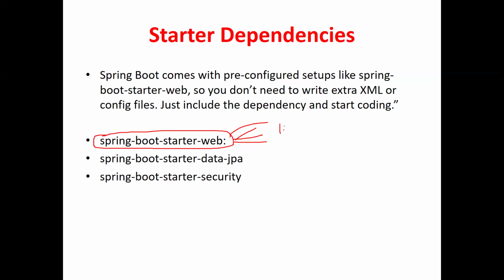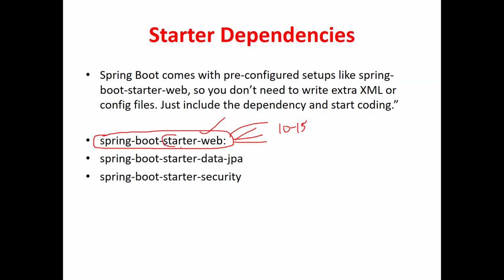You may need 10 to 15 dependencies. All the dependencies will be taken care of. We no need to add manual stuff. In Spring, we need to add manually, but now they are given as a starter.